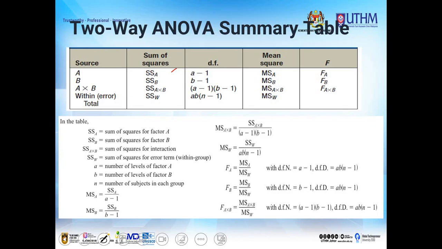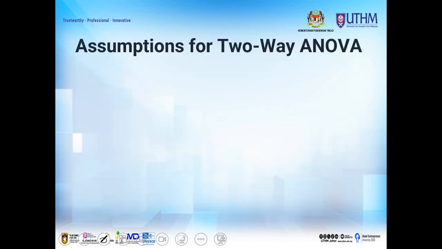After that, A times B times N minus 1, followed by mean squares MSA, MSB, MSA times B and MSW, then FA, FB, FA times B. So these are all the things you need to fill in when it comes to the two-way ANOVA summary table. If you complete this table, you're able to complete the values for the questions or the case studies.